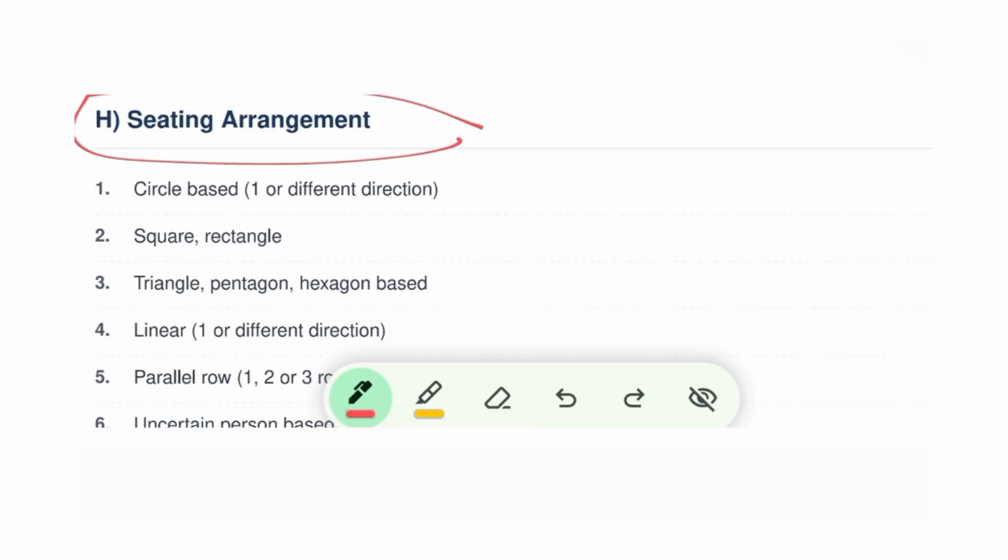Now topic number 8 is sitting arrangement. This is also an important topic for the prelims as well as the mains. The first subtype is circle based. When there is a circle and persons are sitting, they can look inward, maybe look outward, or it is possible that some look inward and some look outward.